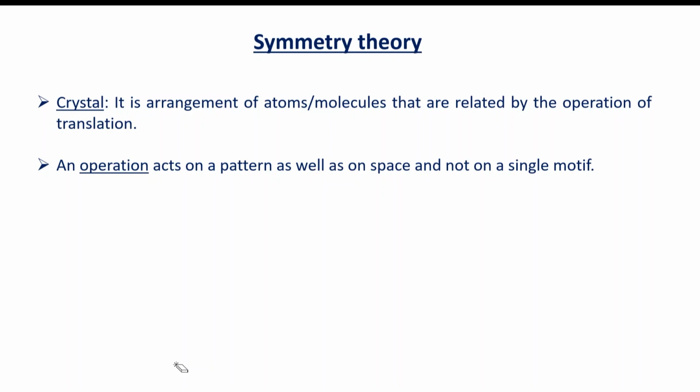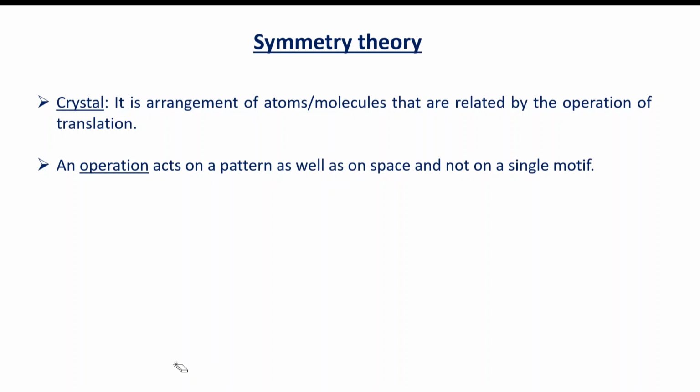So, if it is applicable to a single motif, it has to be applicable to all of space. It is not that your symmetry operation is applied only to a single motif. It has to be applicable across or along the complete chain.